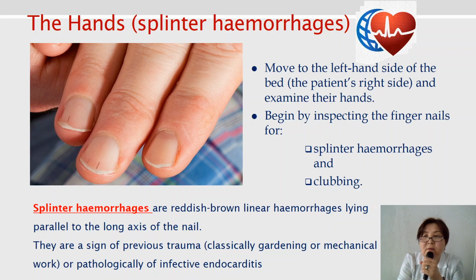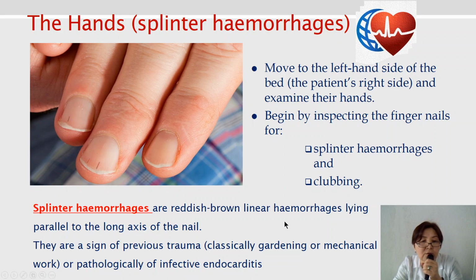Begin by inspecting the fingernails for splinter hemorrhages, then clubbing. Splinter hemorrhages are reddish-brown linear hemorrhages lying parallel to the long axis of the nail, like this.